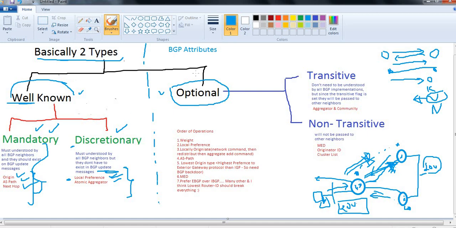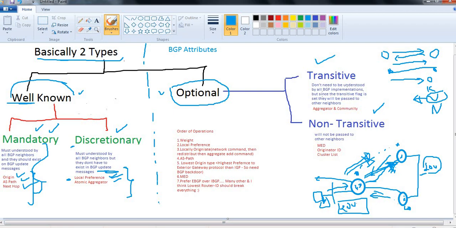Then the optional attribute. So well-known and optional. On the optional attribute, we have two types: one is transitive and one is non-transitive. So transitive is nothing but, with the same example, let's say we have three routers.